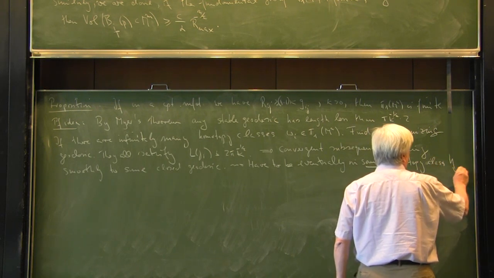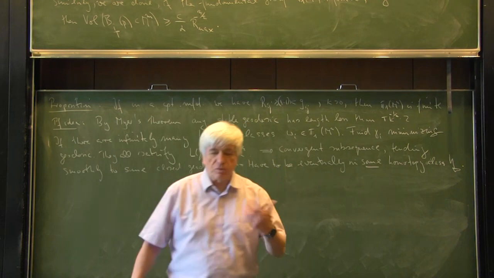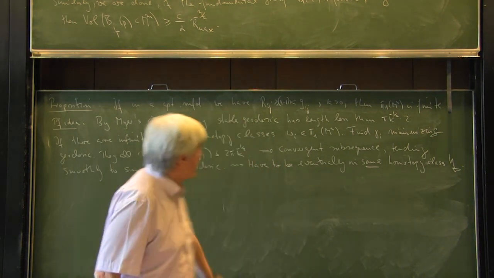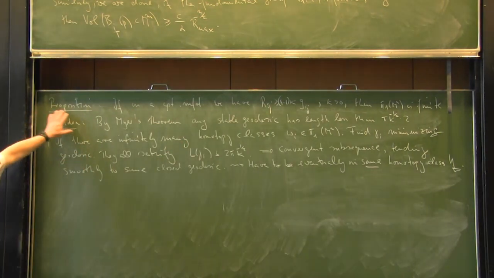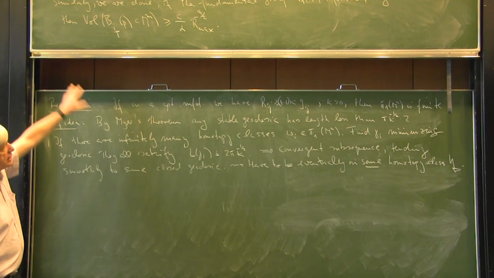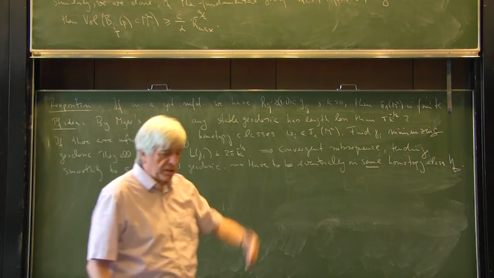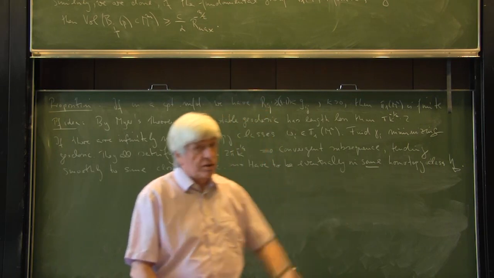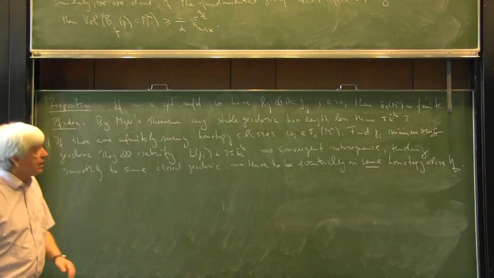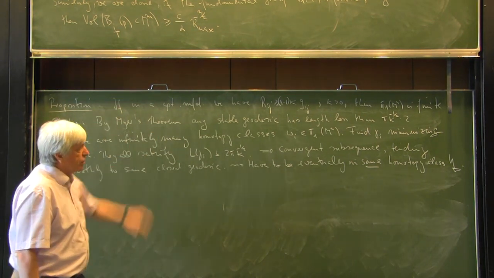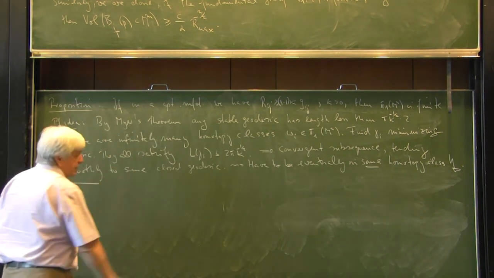And this is a contradiction because we assume that they are all in different homotopy classes. Okay, so that was a sketch of this proposition. So because of our pinching assumptions and positive scalar curvature, we know that eventually the Ricci curvature is positive. So the manifold must have had finite fundamental group. Therefore, we get our lower bound on the volume, and therefore we got our lower bound on the scalar curvature.